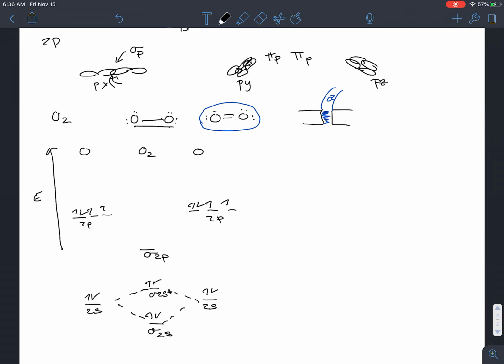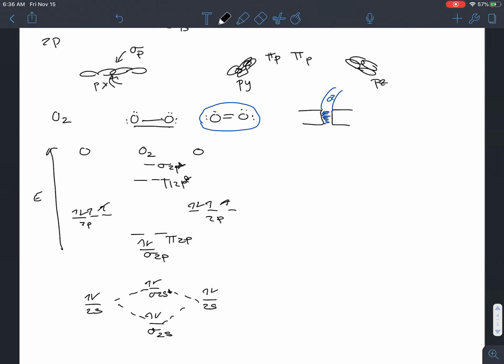It's not too much distributed like the p's. So sigma p comes first. Sigma 2p is lower in energy than pi 2p. And then the sigma antibonding is also less stable, so pi 2p antibonding comes first before sigma 2p antibonding.